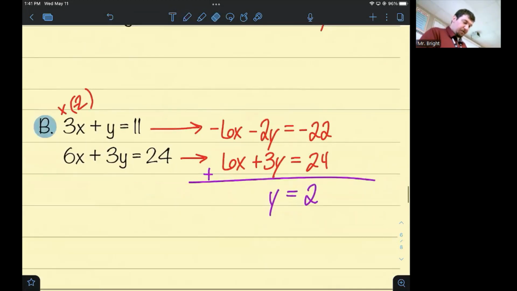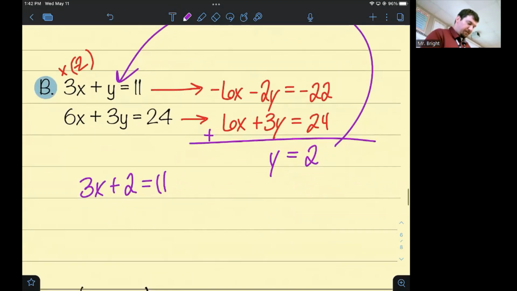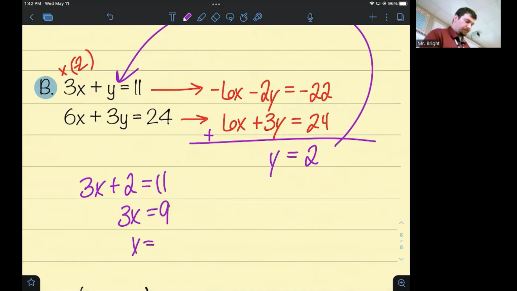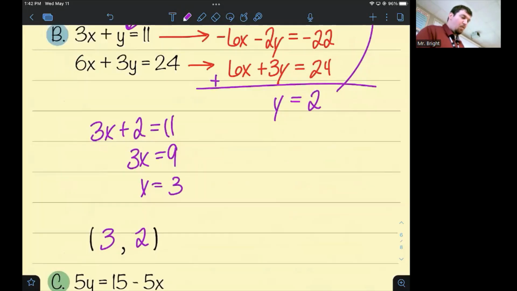And if y is 2, I wouldn't mess around plugging into these equations, although I could. I'd probably go back into that original top equation because there's nothing to times the y by. And that gives us 3x plus 2 equals 11. Subtract 2 from both sides. What's that make x equal to? 3. So x is 3, y is 2. We did that one so fast.